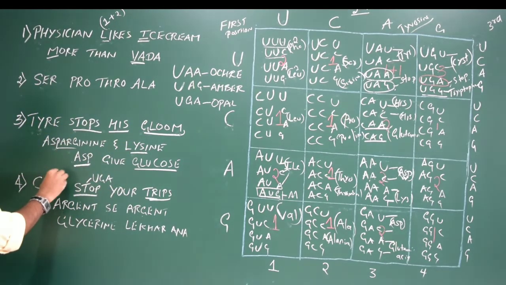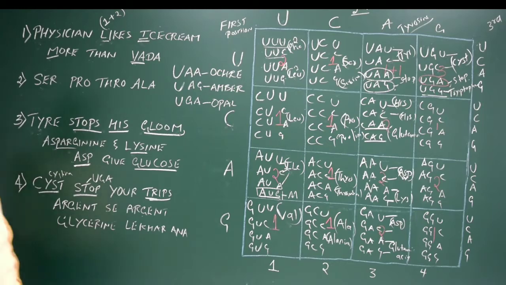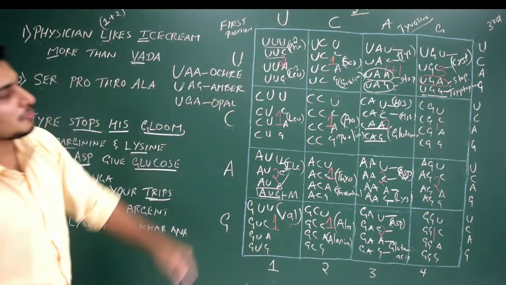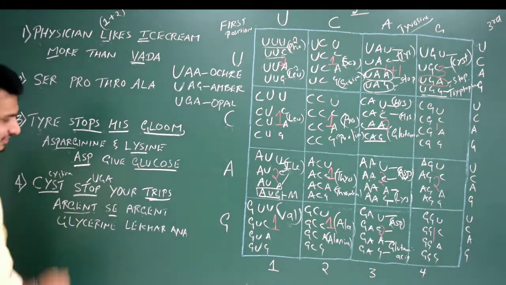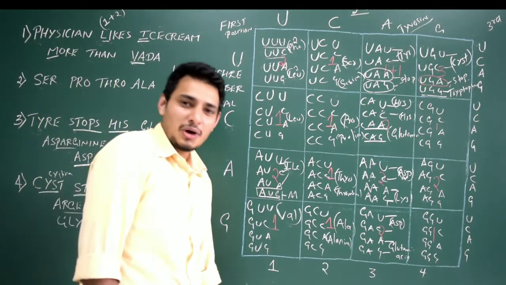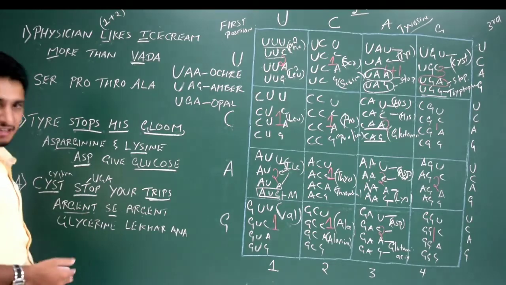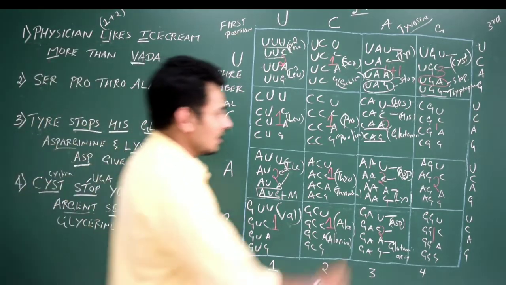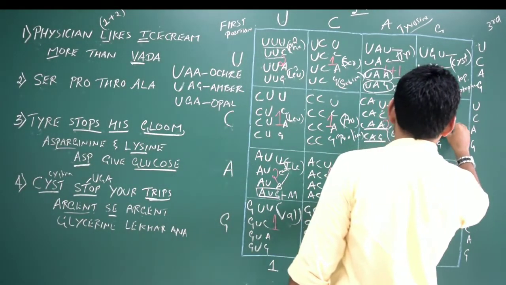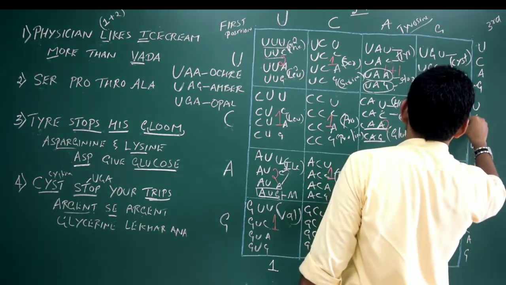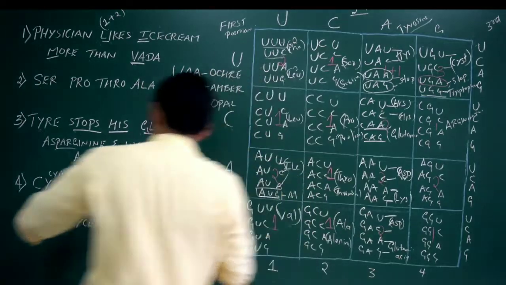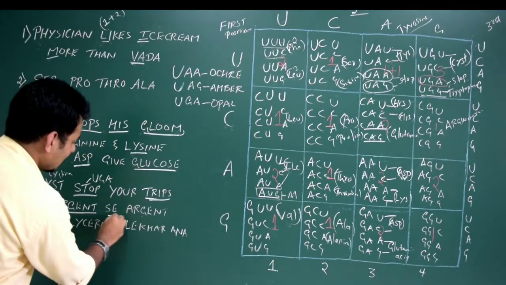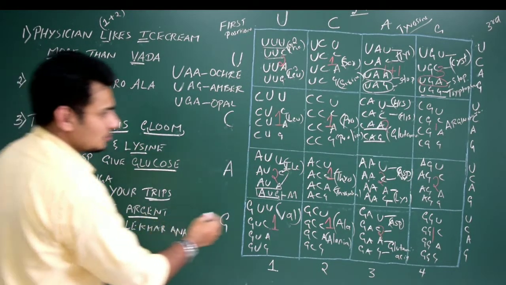Cysteine: the first two codons code for cysteine, in the first box of the fourth line. Next, arginine.